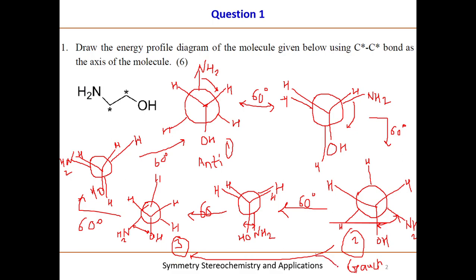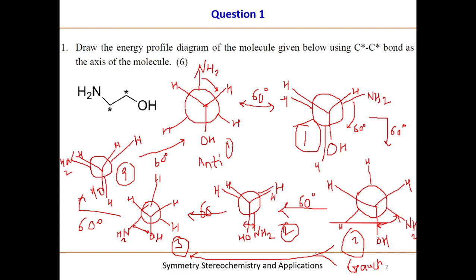Okay, now we will discuss the eclipsed ones. In eclipsed, you can see this is 1, 2, and 3. In these 3 eclipsed conformations, you can see in the first one the hydroxy group and amine group are separated by 60 degrees. So the dihedral angle is 60, and torsional strain is also there.